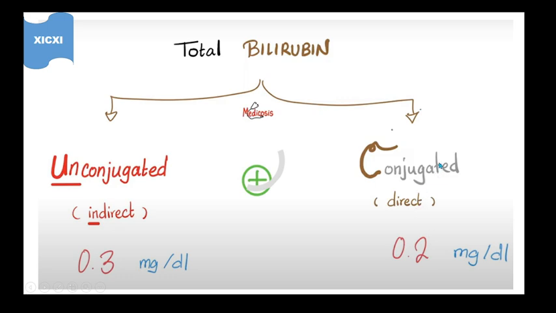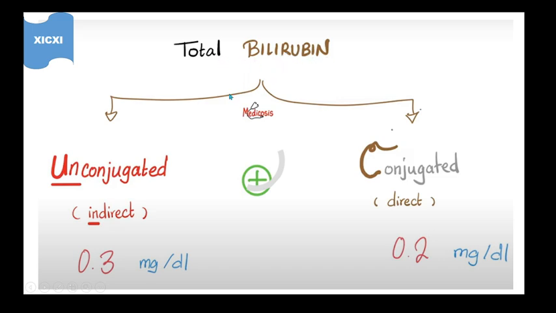Here there can be a math calculation problem. Suppose we have a conjugated bilirubin of 0.2 milligram per deciliter and an unconjugated bilirubin of 0.3 milligram per deciliter. What is the total bilirubin? It is easy to calculate.